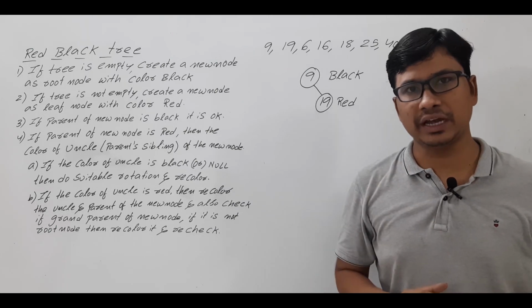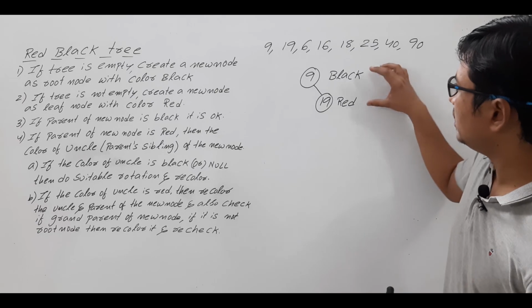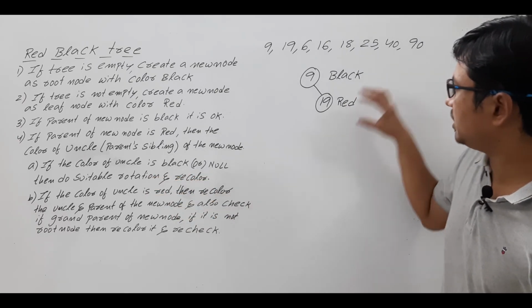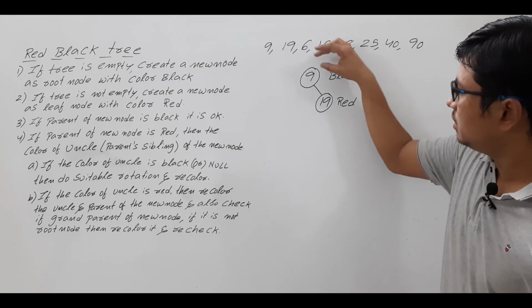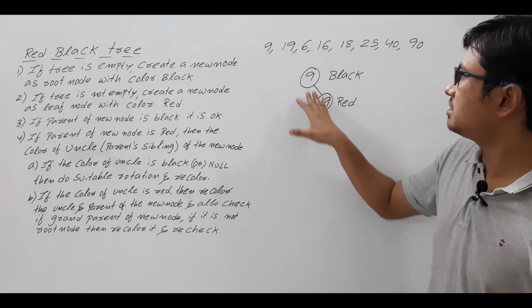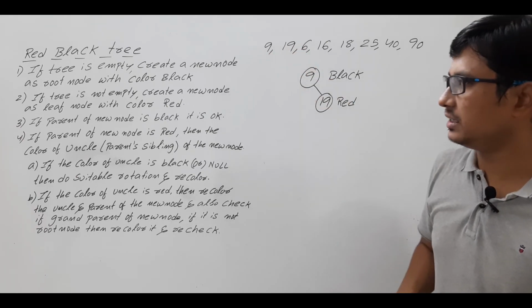That is the point we discussed when discussing the red black tree. So if there is a red conflict, then we will do the corresponding action. But if the parent of the node is black, then it is not a problem. So this is up to the creation of the red black tree with elements 9 and 19.